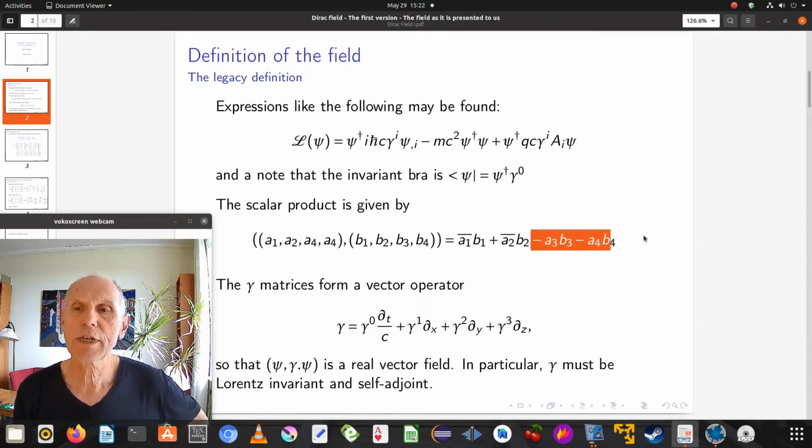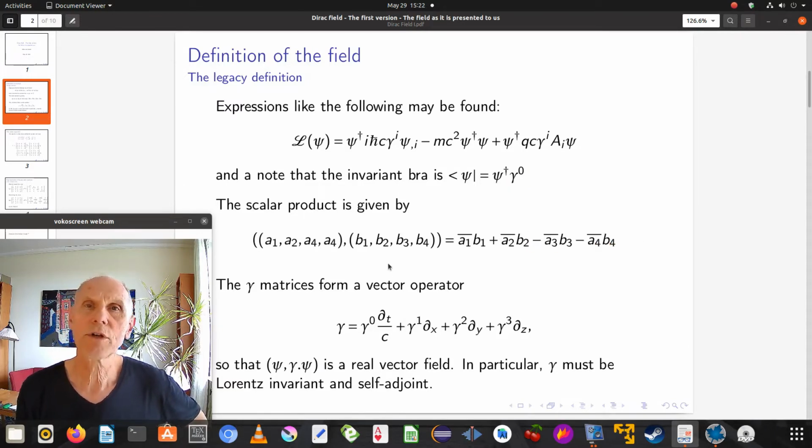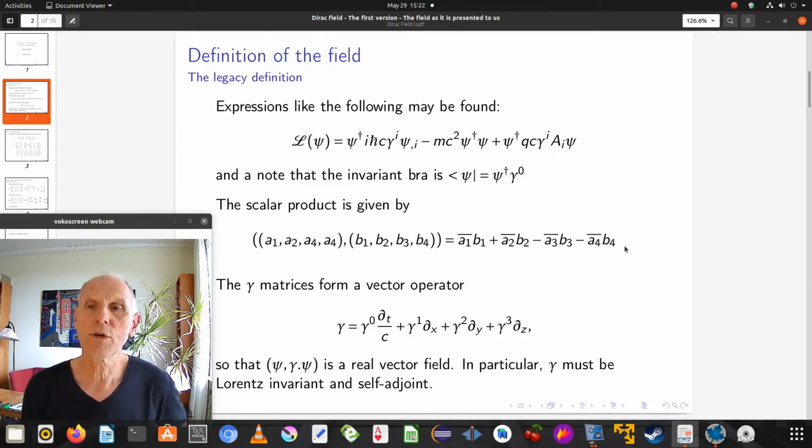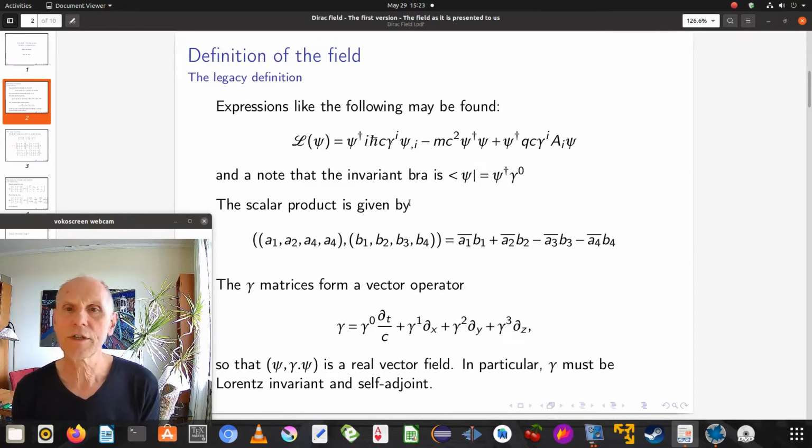So that's what we get. This is a scalar product, not an inner product, because it's not positive definite. And it will turn out that the representation actually works in this space. We'll see it in a while. That's the first correction.